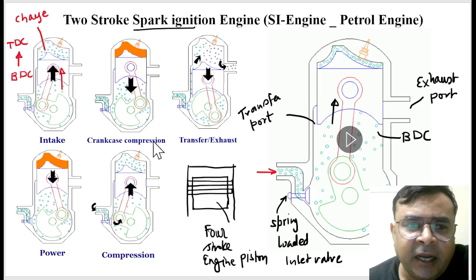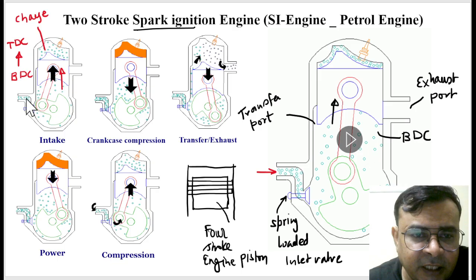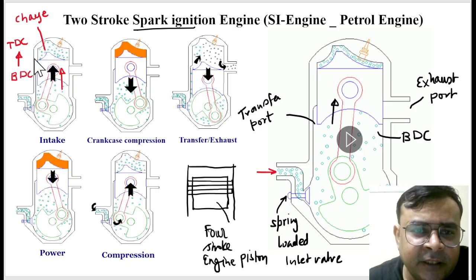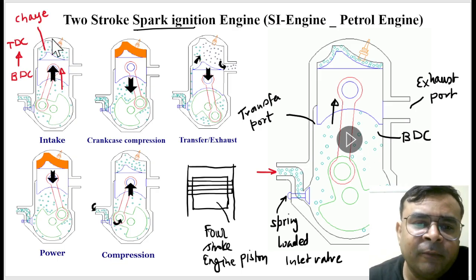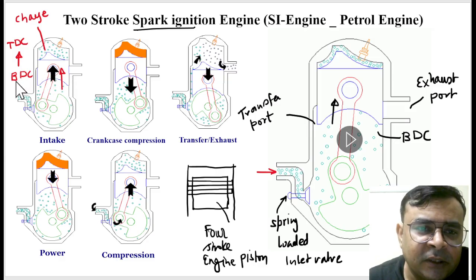Is that right? And along with this suction stroke, we already have some charge here. Means fresh charge is entering here and it contains already some unburned charge. Yes or no? And because of this movement of piston from BDC to TDC, this already filled charge gets compressed.